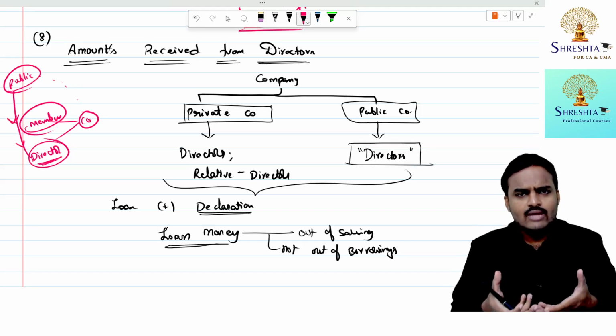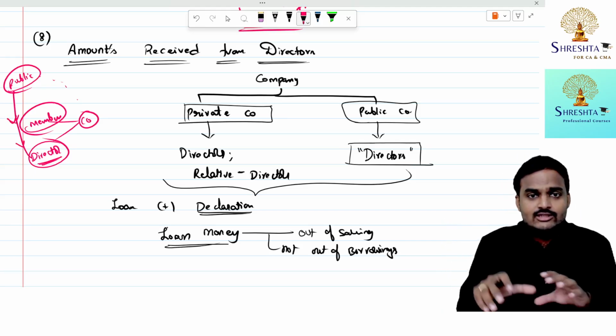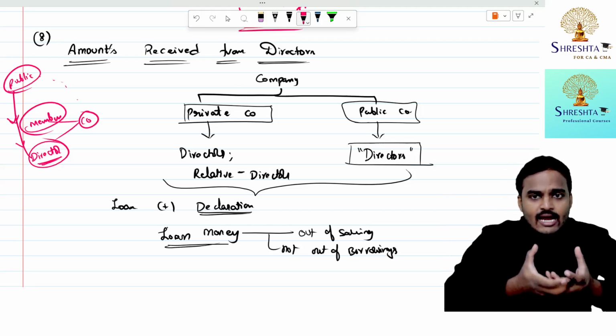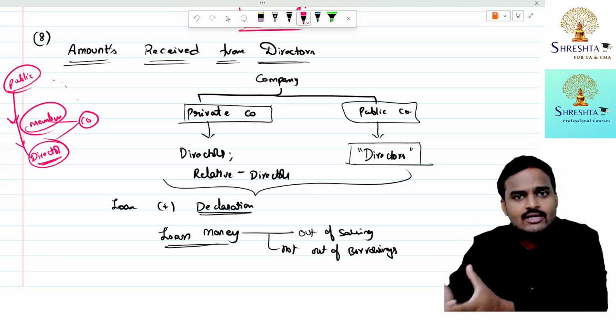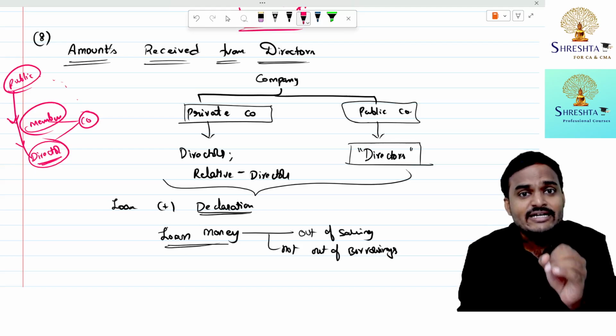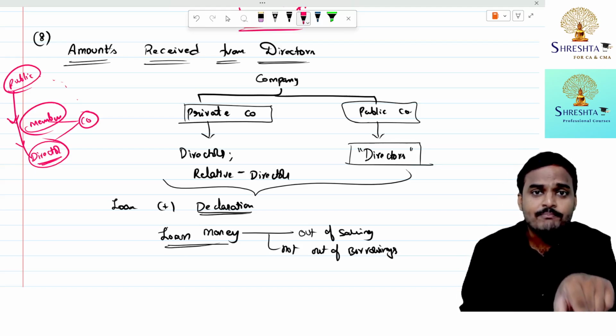You give me a loan, I will invest the money into the company. Like this, directors will take money from the public and deposit all of it with the company. So the director simply acts as an intermediary, and ultimately the company is getting funds from the public.